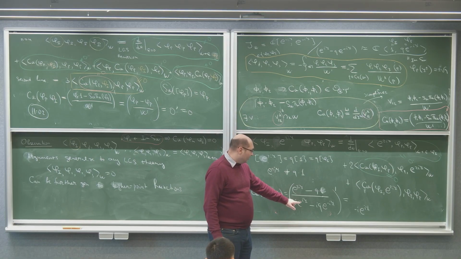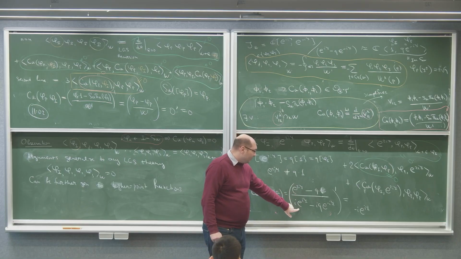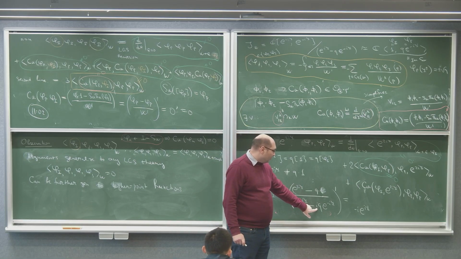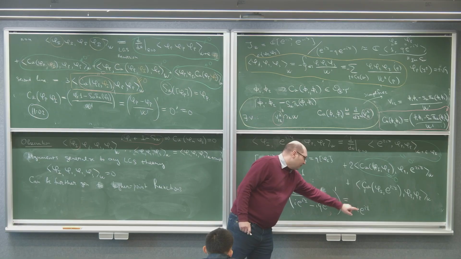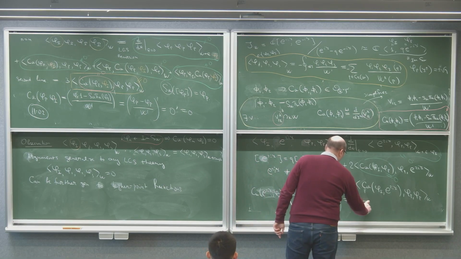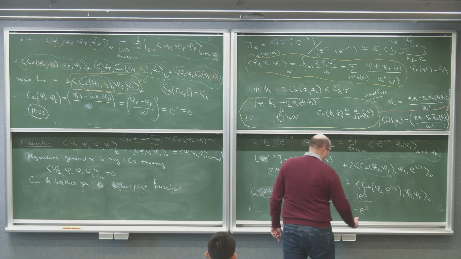Minus i e to the iy gives us e to the 2iy from this term, and from the other term we get minus i times minus 1, which will be q times the identity term. That's why we multiply the numerator and denominator by this expression.